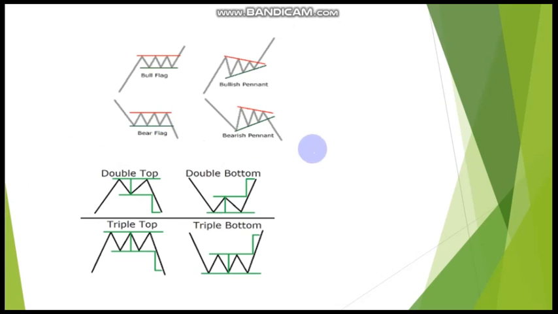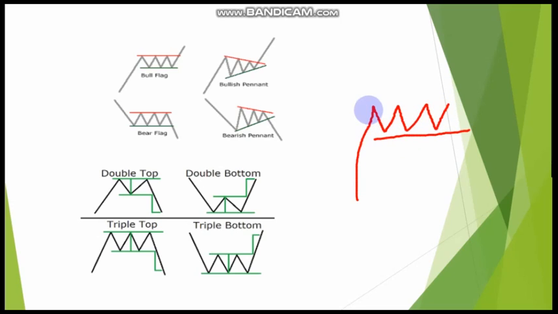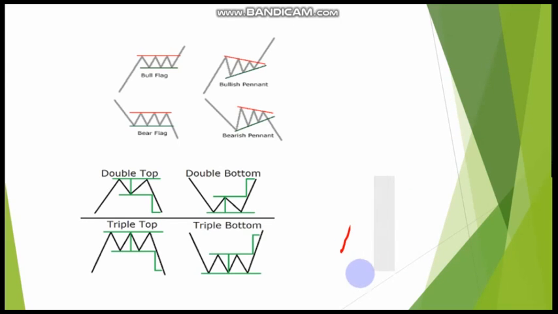You can see this is a bull flag. A flag is something like this. Maybe that is a flag, something like that. When the flag is like this, we say it's a bull flag.